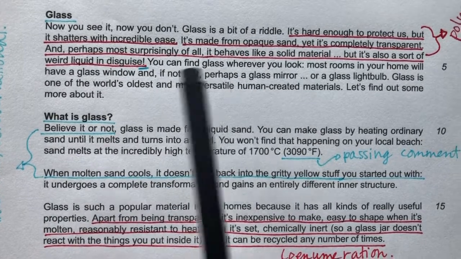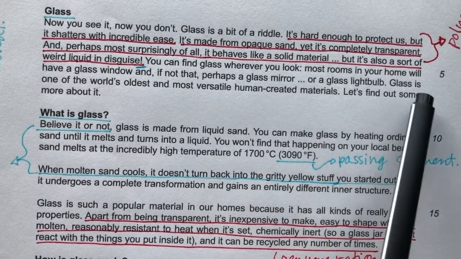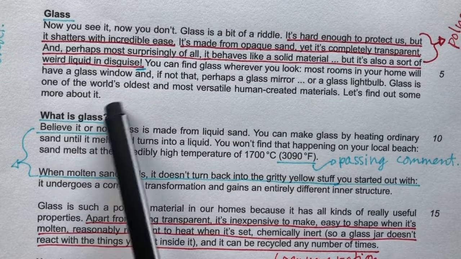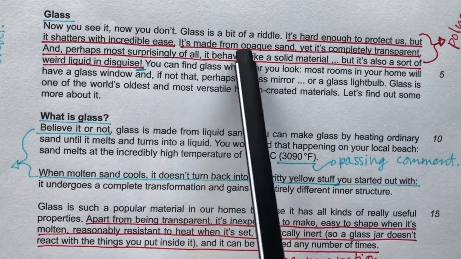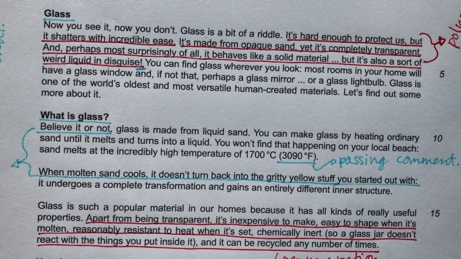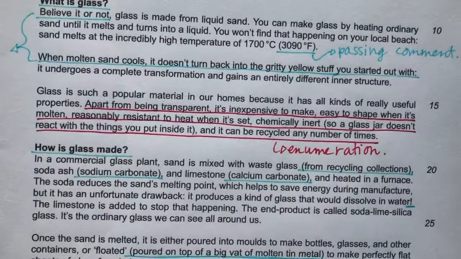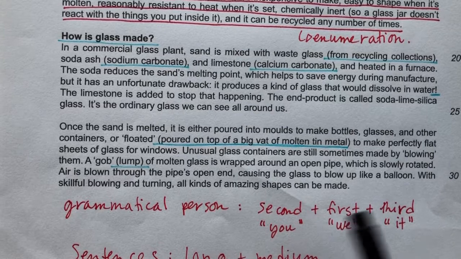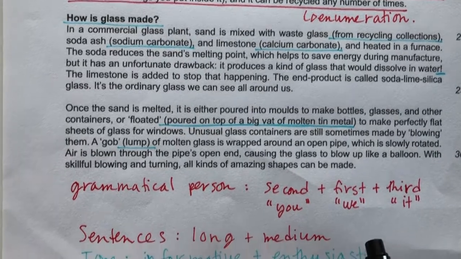So it, glass, about it, it's made. Okay? So I would say that's the dominating grammatical person, third person.